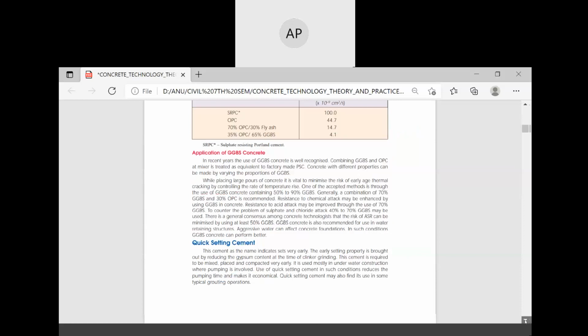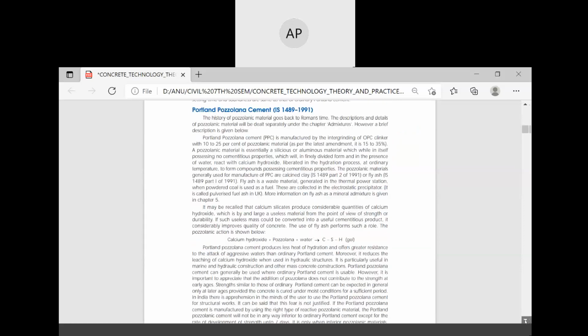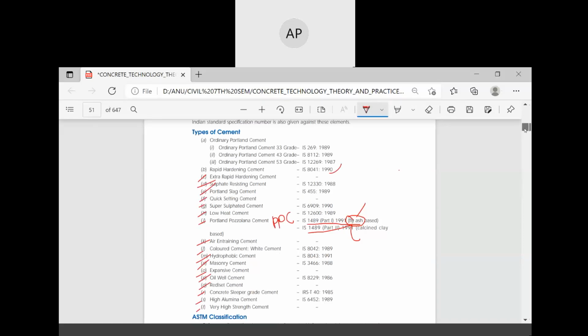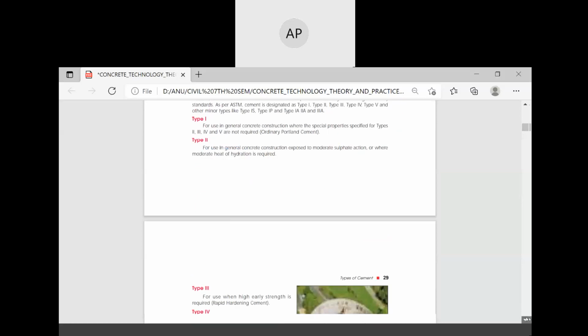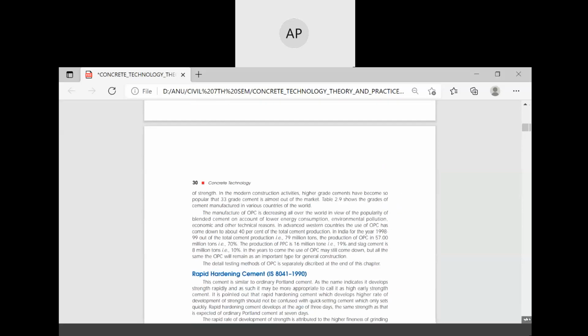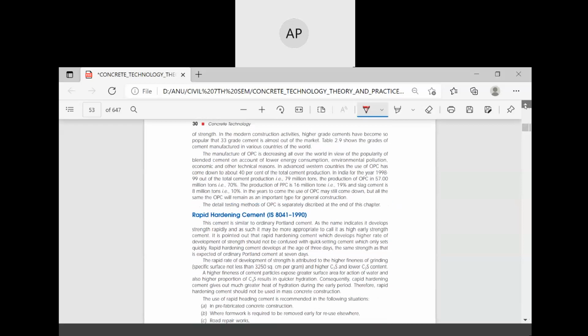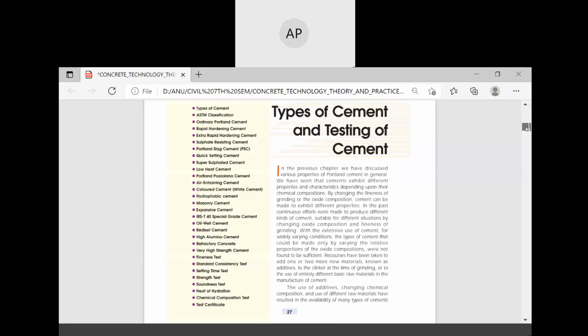Table 2.5, physical and chemical properties.